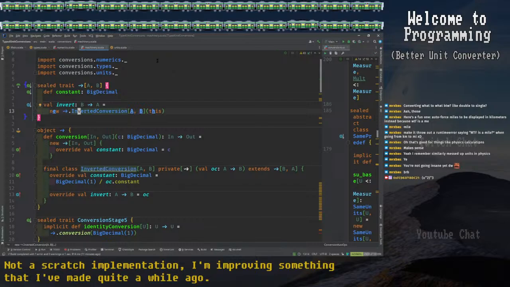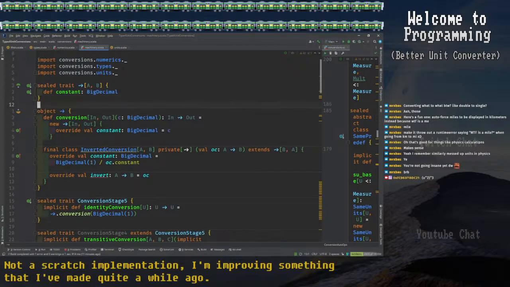How about we do something stupid where instead of returning... What if we make all the conversions two-way, where we do this, remove this weird invert? We don't need you. Screw you. We don't need you.